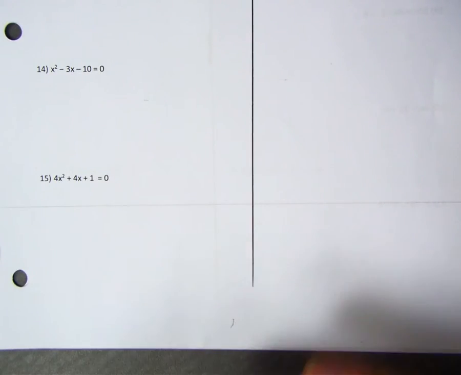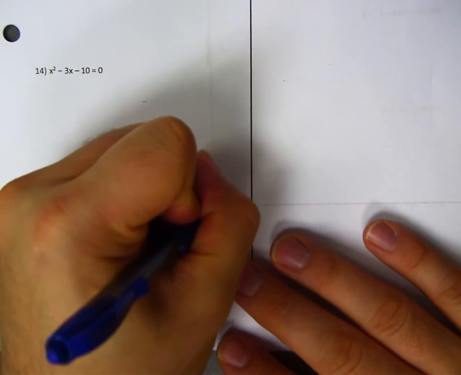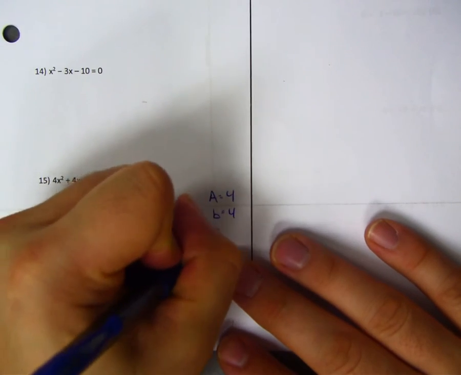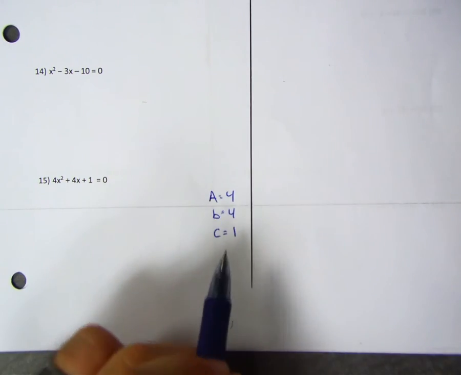So go to number 15 in yours, and let's go ahead and just write out what our A is going to be 4, our B is going to be 4, and our C is going to be 1. So 4, 4, 1.